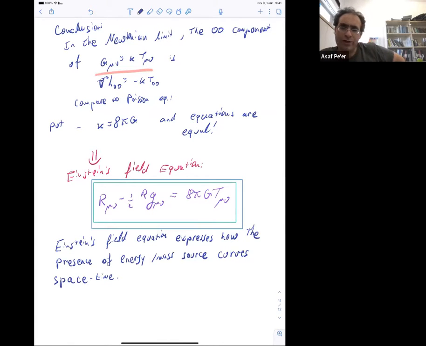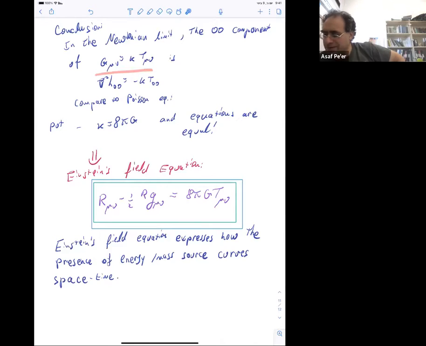When we say a solution to the equation, what do we mean? I mean that I'm giving you some distribution of mass, or flow of mass. So I'm giving you T mu nu, and I'm asking you to find me the curvature, or find me the metric, that will lead to it.